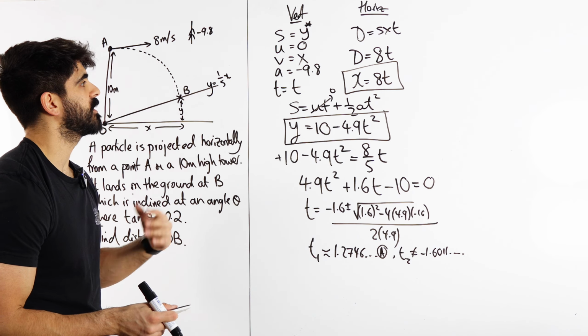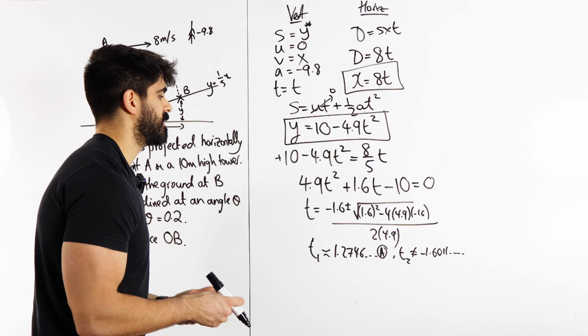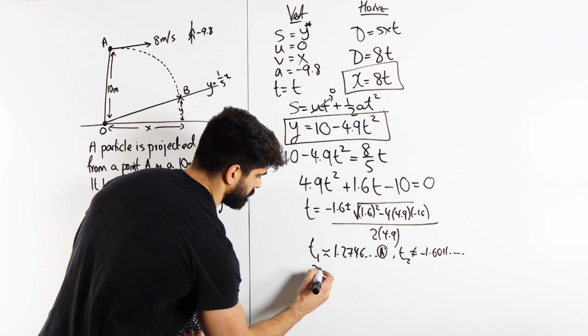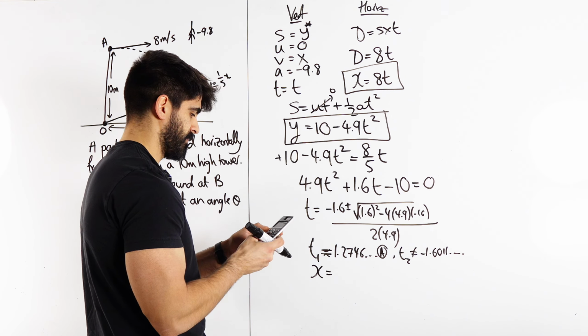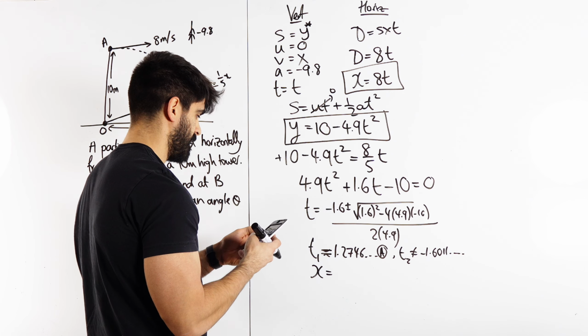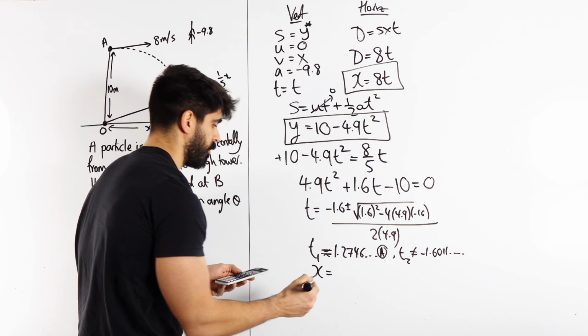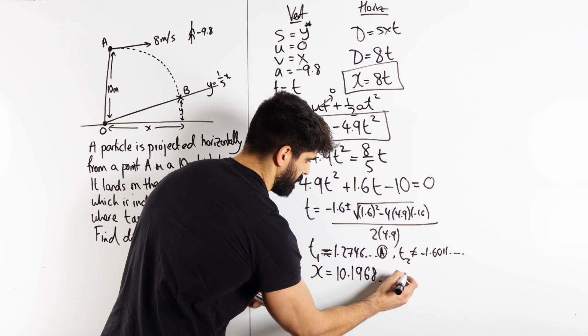I've stored that as a. We can now work out the x and y value. We're just going to sub it into both of these. So x: 8a is 10.1968..., I'm going to store that as b.